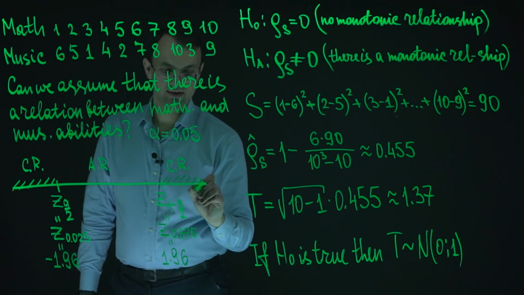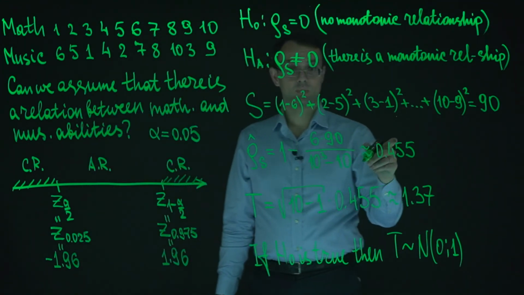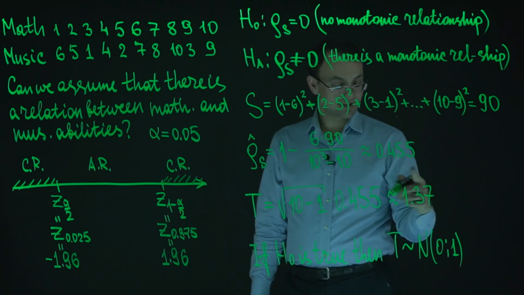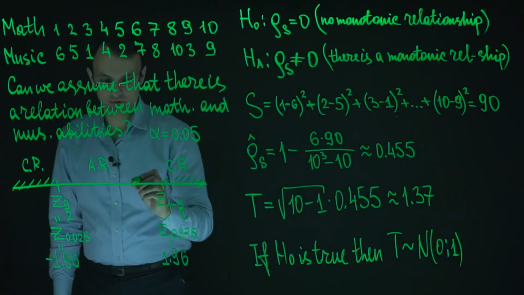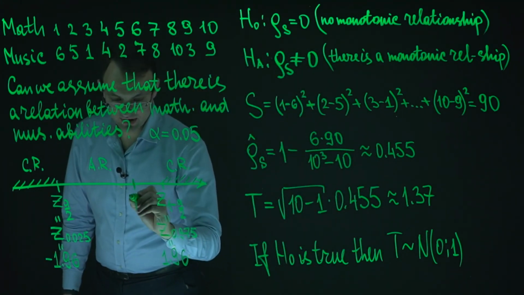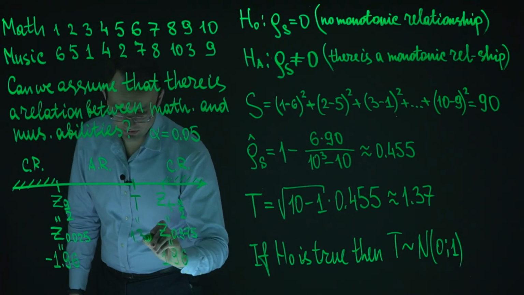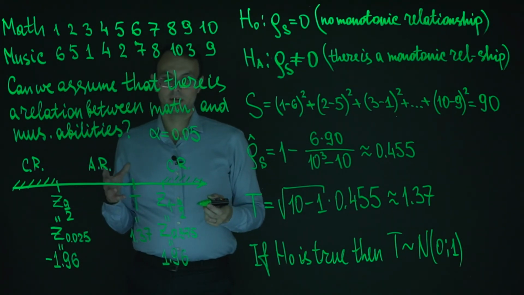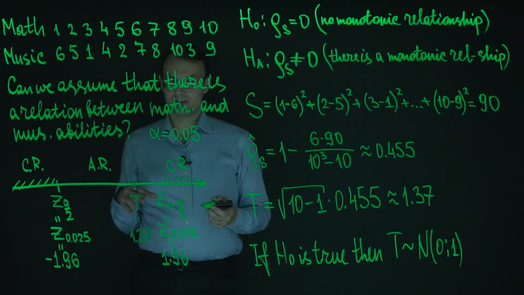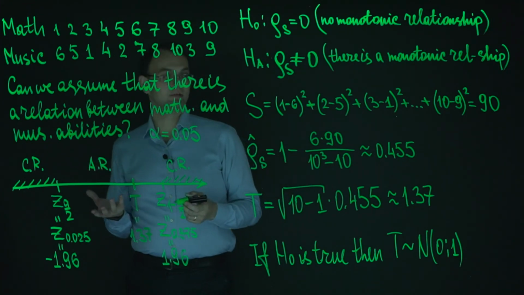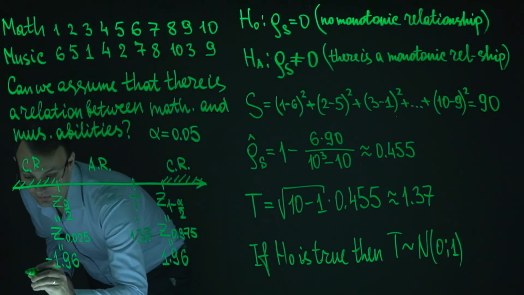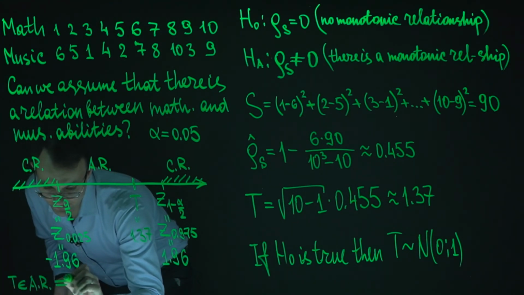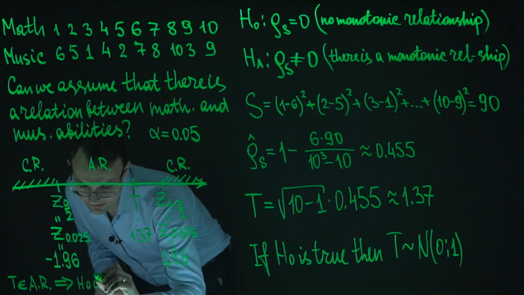And what do we see? Then we see that in spite of the fact that the coefficient was close to 1/2, so pretty different from 0, the test statistic still is in the acceptance region, so it is somewhere here. So t, that is equal to 1.37, falls into the acceptance region. This means that the null hypothesis is accepted, not rejected. This means that H0 is accepted.